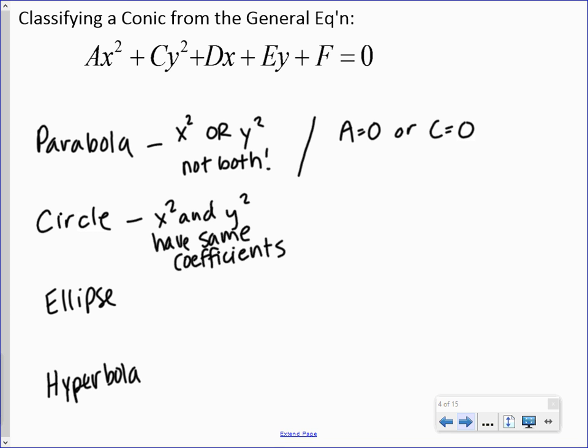And what that would mean, if you were looking at your x squared and your y squared in the general form up at the top, is that A was equal to C. Whatever your coefficient was for x squared, that's the same thing you have for y squared. They have to be the same number, they have to be the same sign. Okay, they're exactly the same coefficients.